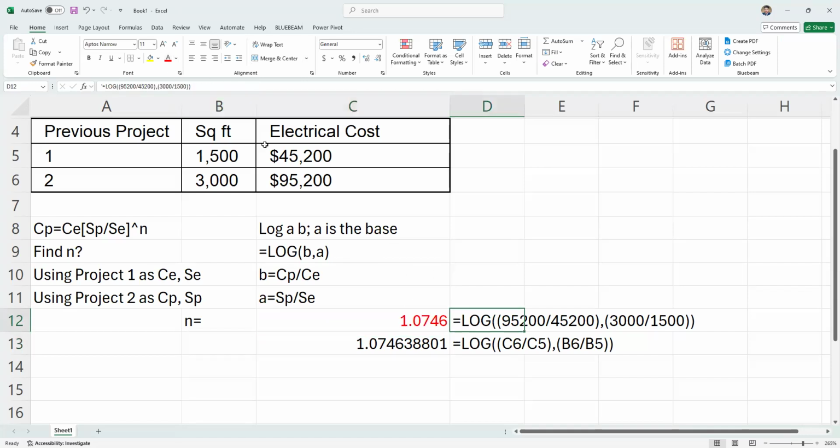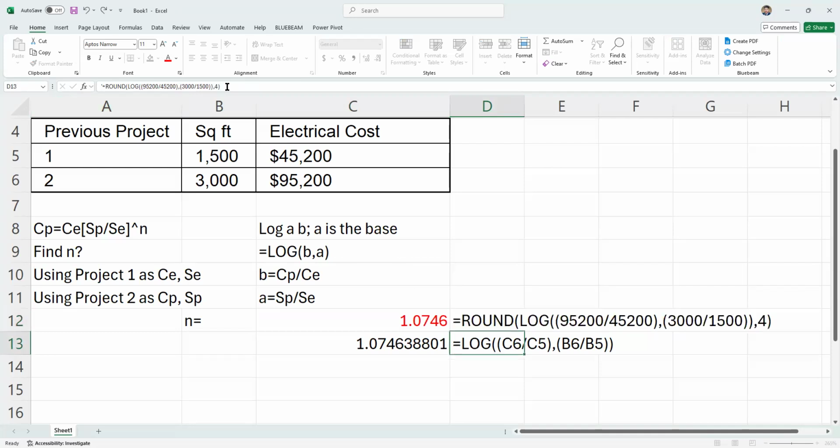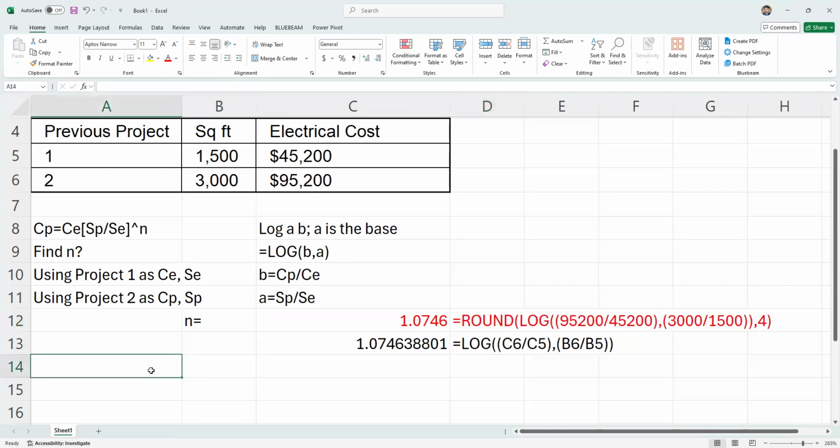And the comprehensive function will be ROUND, and then comma 4. So that is the comprehensive result. Okay, so in this case, our n is equal to 1.0745.